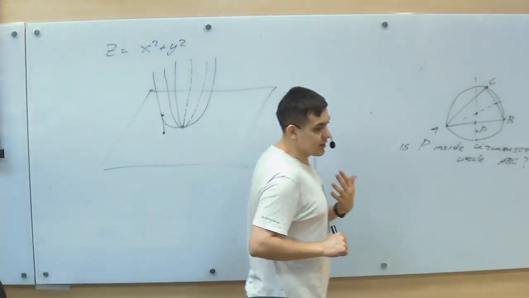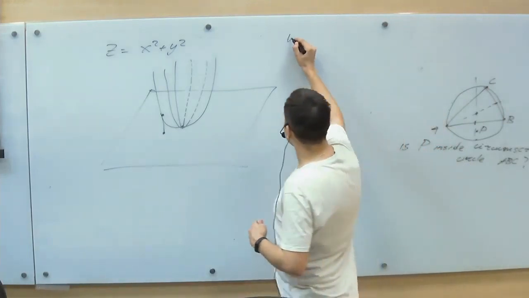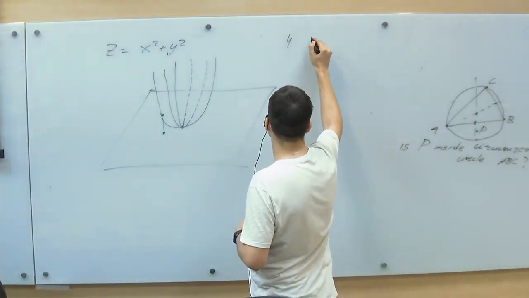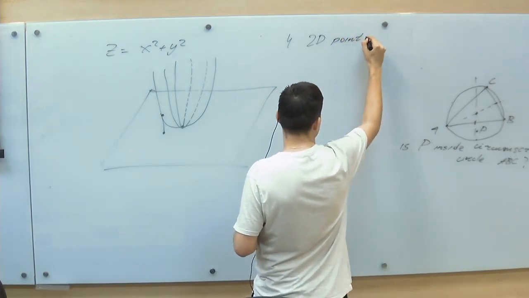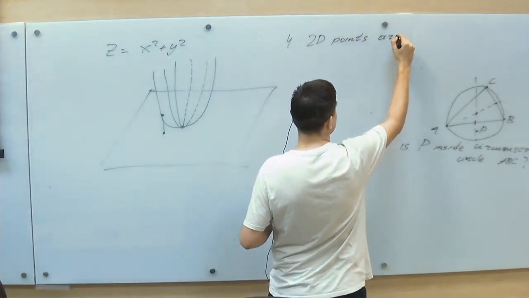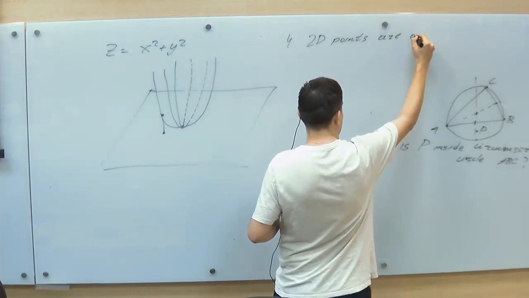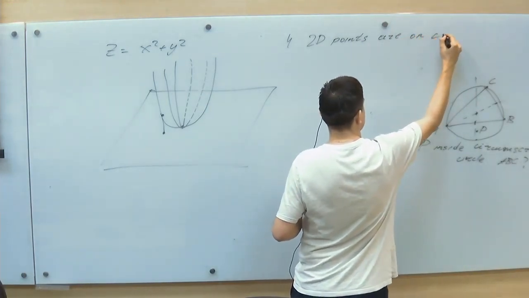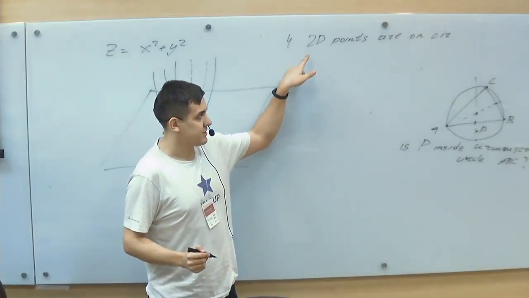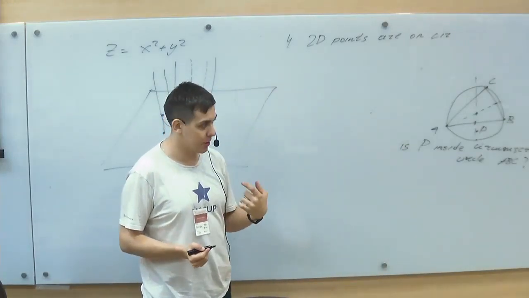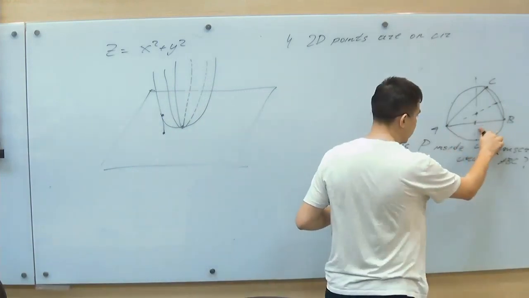The cool trick here is that 4 2D points are on a circle, so there is a circle that passes through all 4 points. For example, the P might be here.